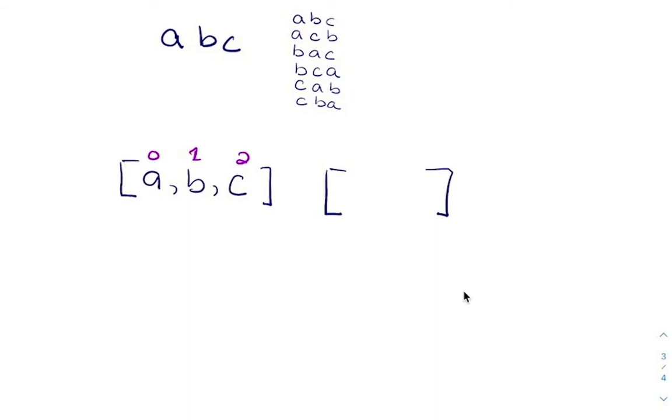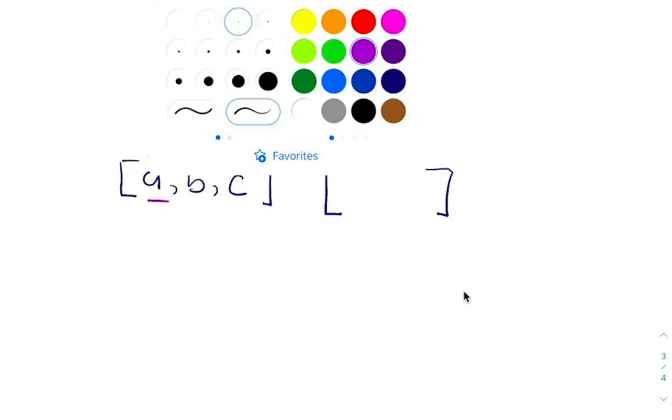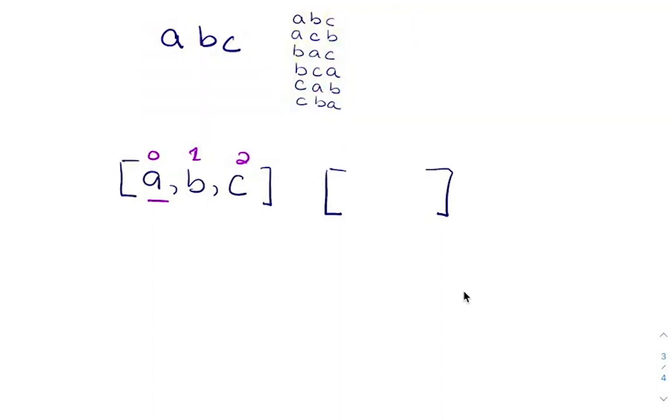So when we start our loop, we're going to start off at A. When I start off at A, I'm going to take that element and move it over here to the right-hand side. That means I've started creating a permutation. I'm not done with it yet, but I've started.